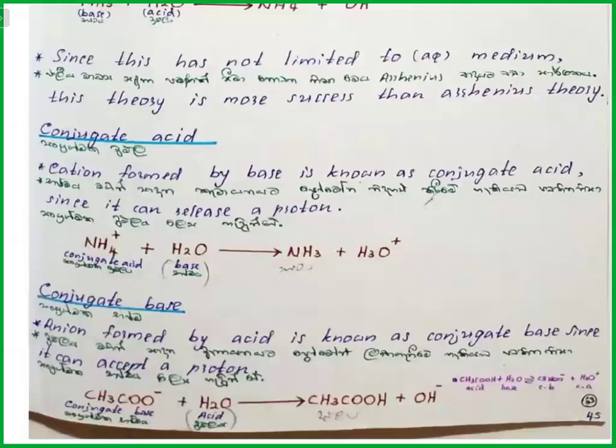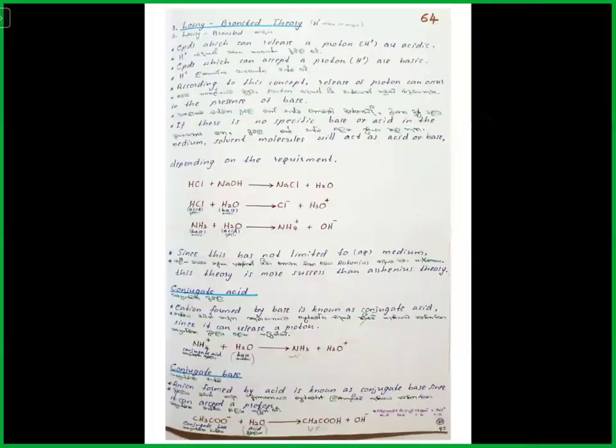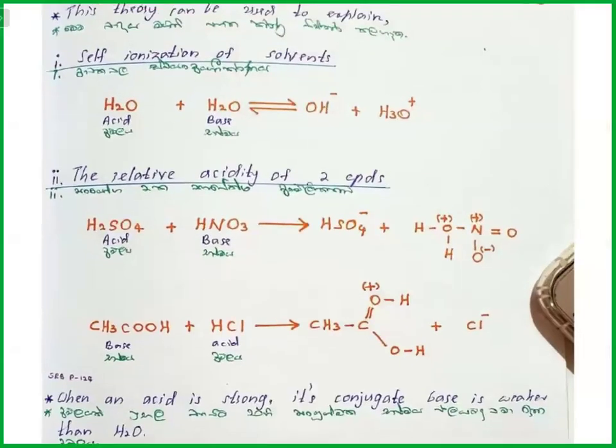Conjugate means if that base is accepting H plus, okay, that has extra H plus, so releasing that H plus is easier. So acting as conjugate. But a base accepting H plus becomes a conjugate acid, and it is releasing H plus to the medium, and vice versa. And also it can explain this self-ionization and relative acidity.